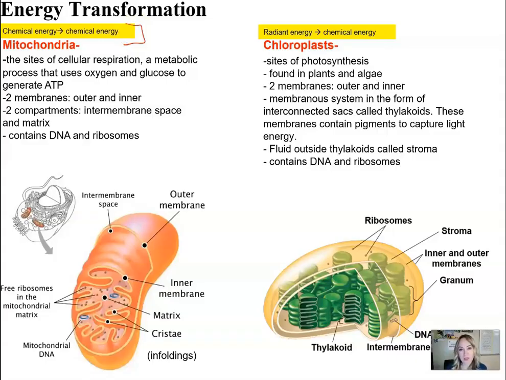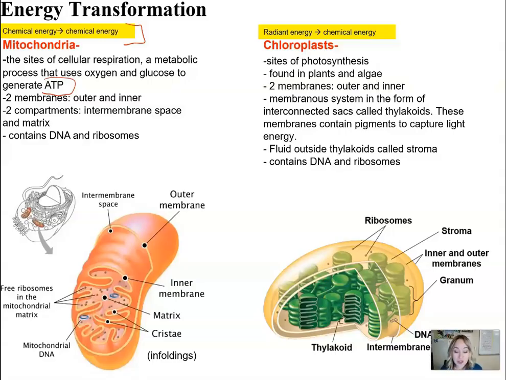If you remember, cellular respiration involves glucose and oxygen, and then those two components, with many steps happening in between, are going to be converted into CO2 and water. And behind the scenes, during that oxidation process, mitochondria generate lots of ATP. That's the conversion of energy that takes place within the mitochondria.